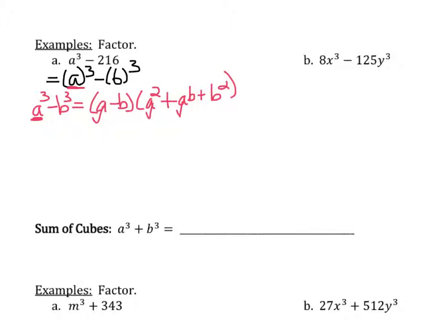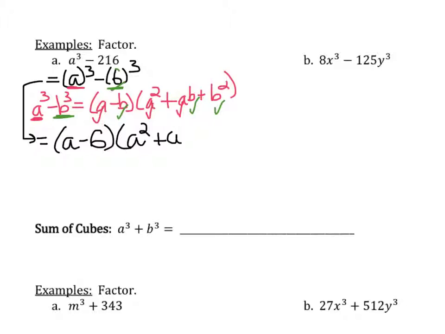This 6 here is in the spot for this b, so I'm going to put it right here, and right here in that formula. And so what I'm going to get here is an a minus 6 times an a squared plus a times 6 plus 6 squared.